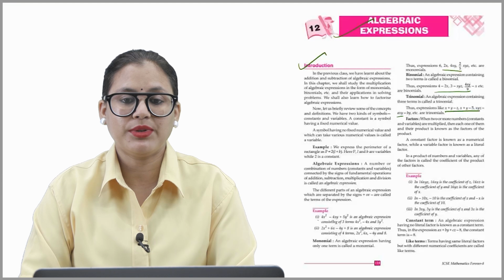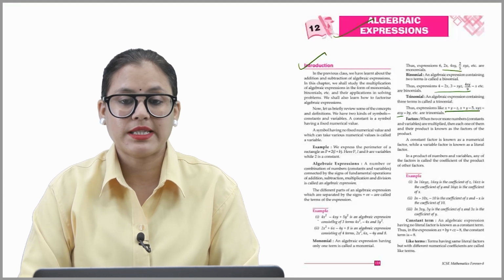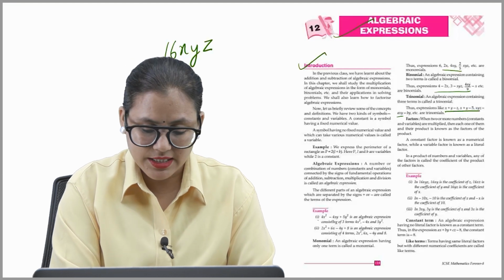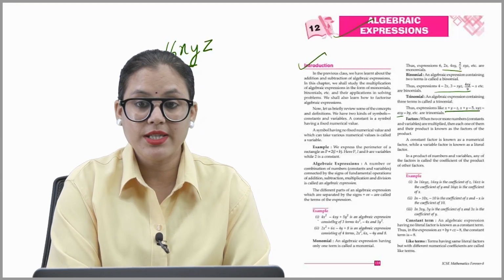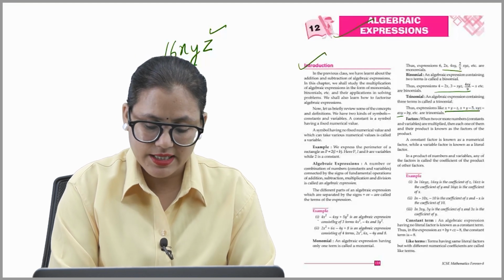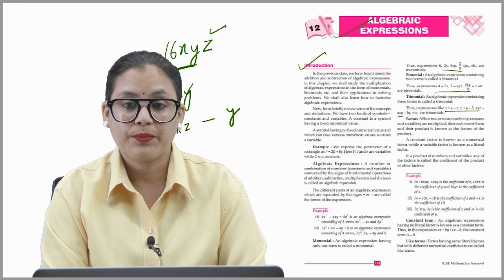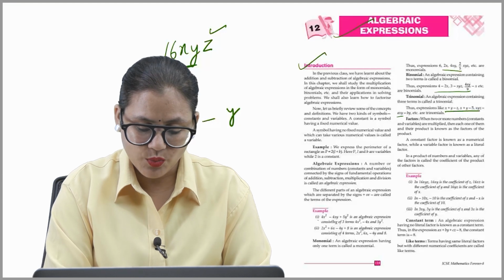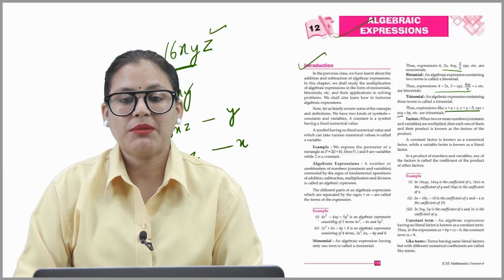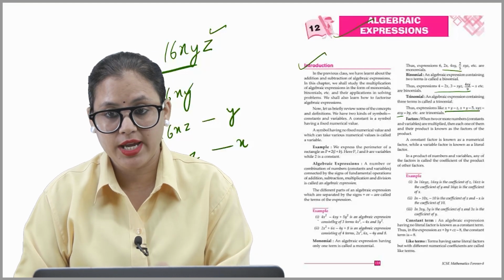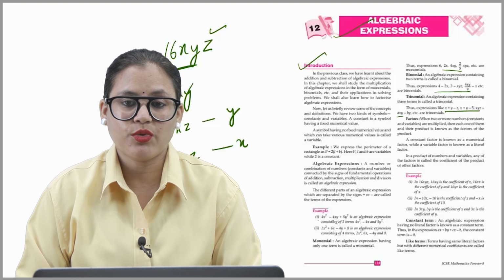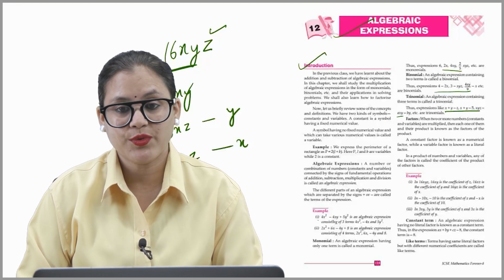For example, in 16xyz, 16xy is the coefficient of z, and 16xz is the coefficient of y. Similarly, 16yz is the coefficient of what? x, right? 2. In −10x, −10 is the coefficient of x and −x is the coefficient of 10. 3. In 3xy, 3y is the coefficient of x and 3x is the coefficient of y.